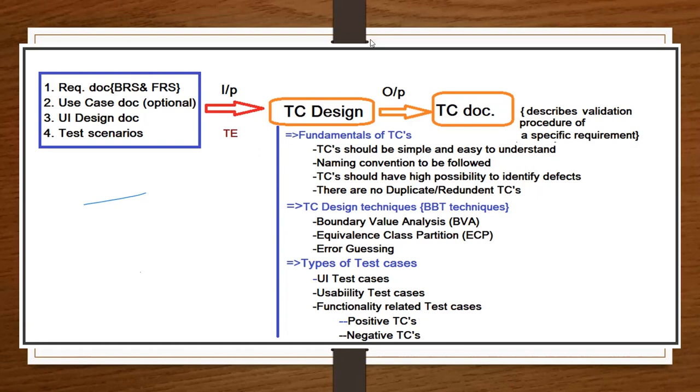Positive test cases means the test cases which you derive with the primary flow or positive flow of events. The test cases which you derive with alternative flow or negative flow of events, those we are going to call negative test cases.